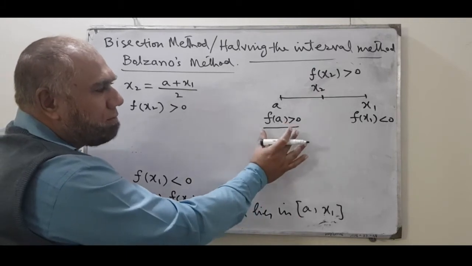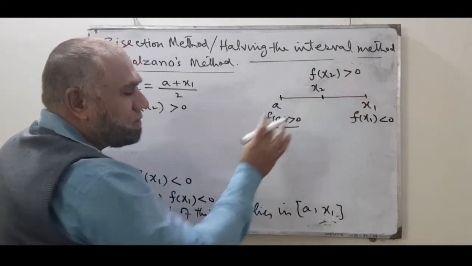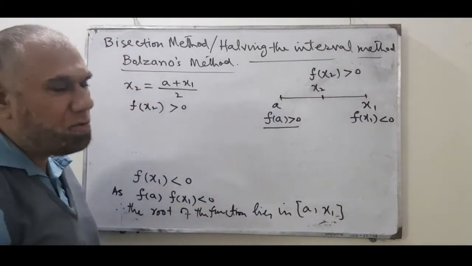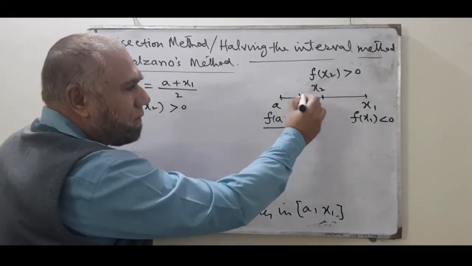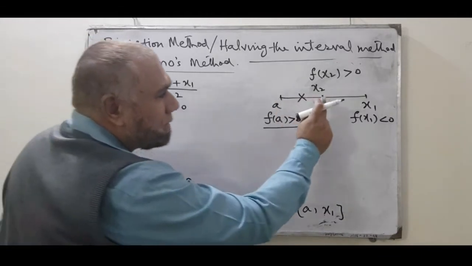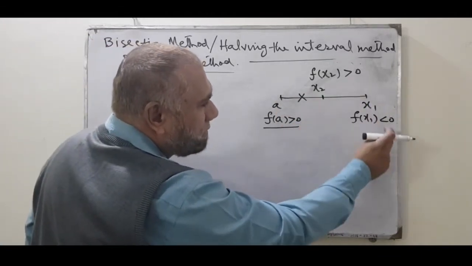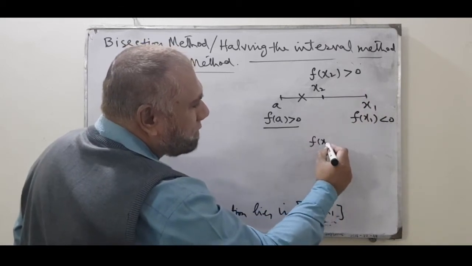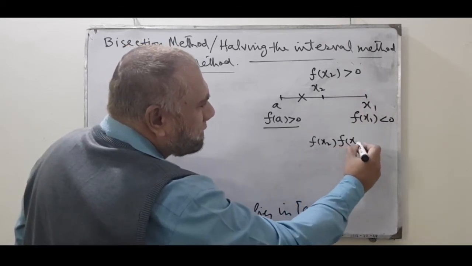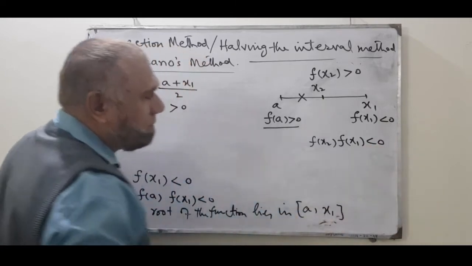The function's values will decide which part you keep and which you drop. Where we have the same sign, of course, it will not work for our situation. The function's values having the opposite sign, you can see here, these two have opposite signs, and the product of the function's value at x2 and the function's value at x1 gives you the negative sign.